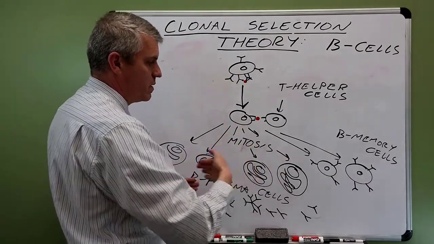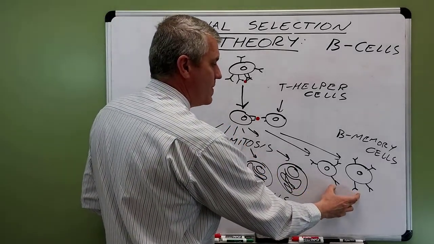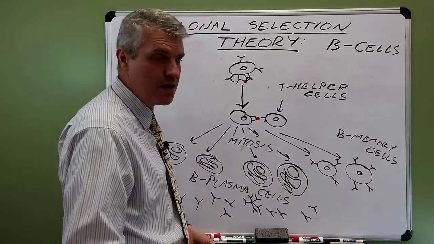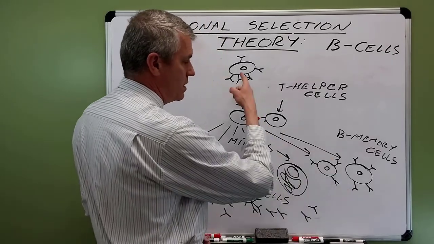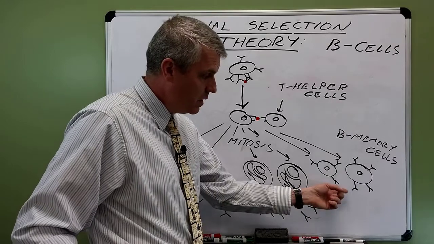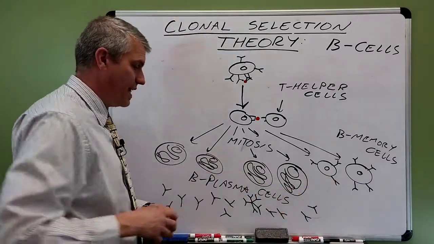And the clones that are produced come in 2 cellular varieties, the memory B cells, and those memory B cells, again, last for years and years and years. They can ramp up an immune response similar to the initial immune response, but now, since there's so many more B cells, we can do this faster. And then the other type, again, are plasma B cells.